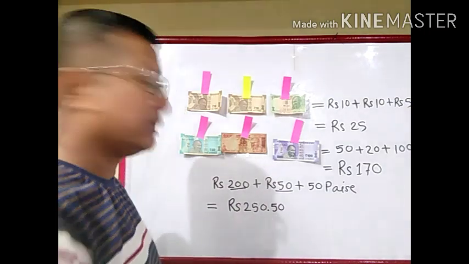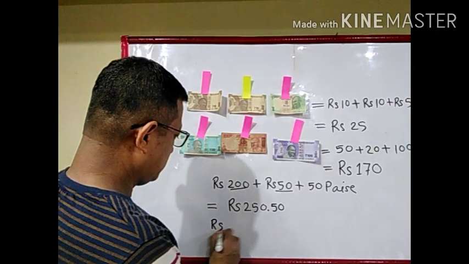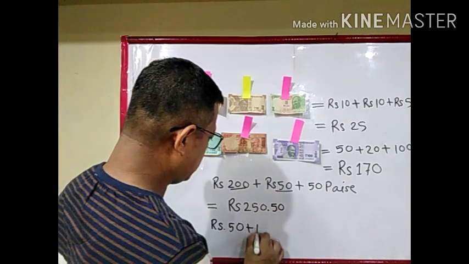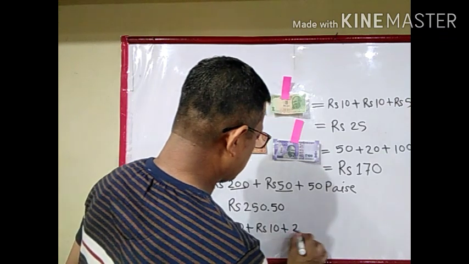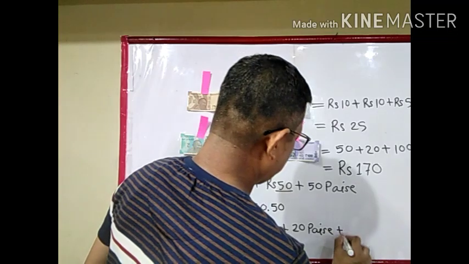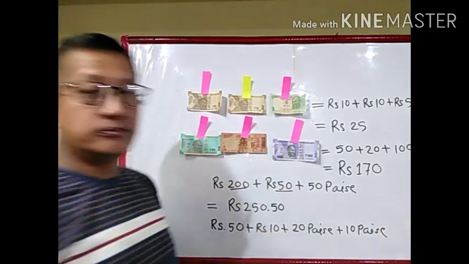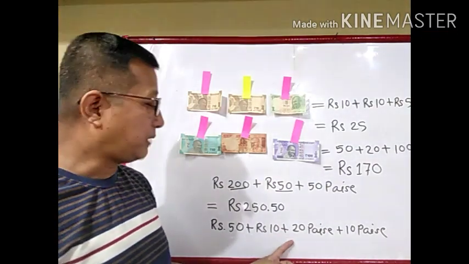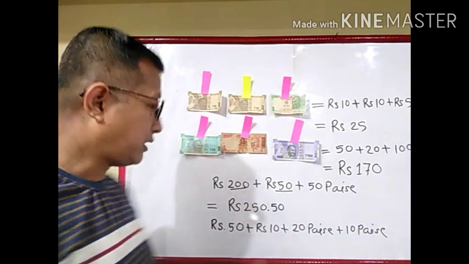Clear? Similarly, another example. Say rupees 50 plus rupees 10 plus 20 pies plus one more, say 10 pies also. Now total is how much?